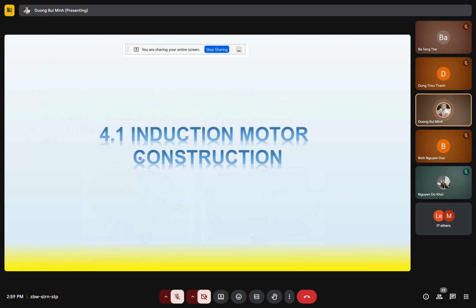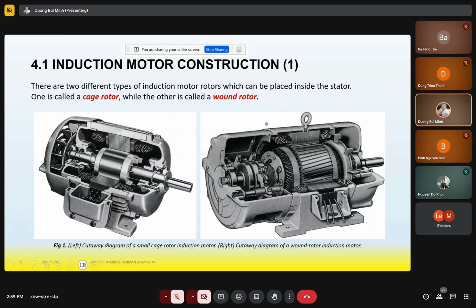Now we go to session 4.1. We discuss the construction of induction motors. As mentioned before, we have two different types of induction motors. The key difference between the synchronous motor and the induction motor is the rotor side.